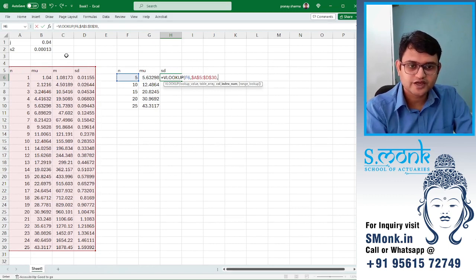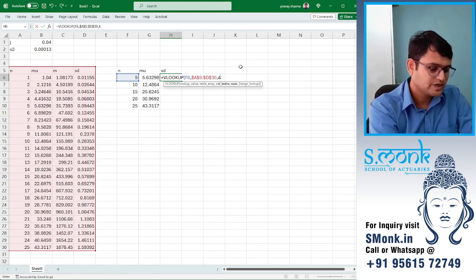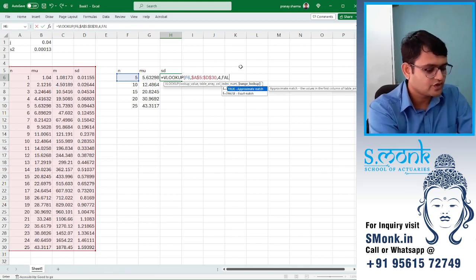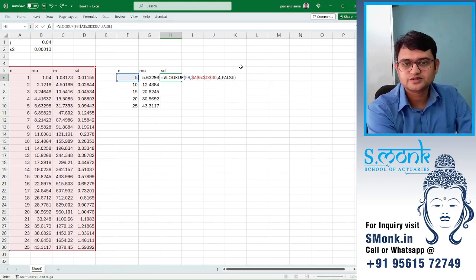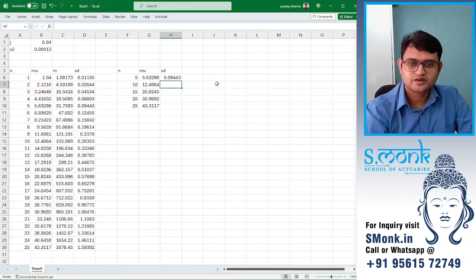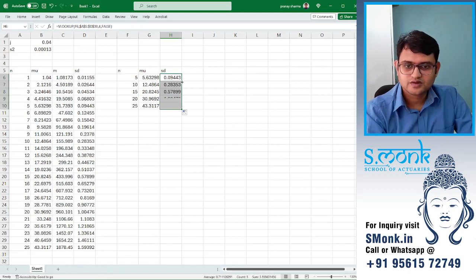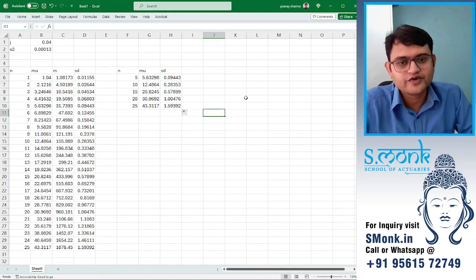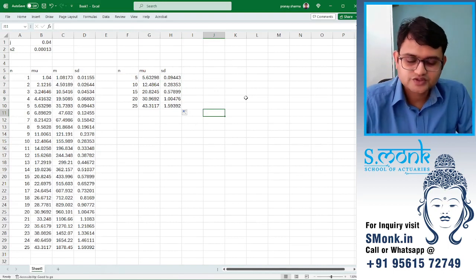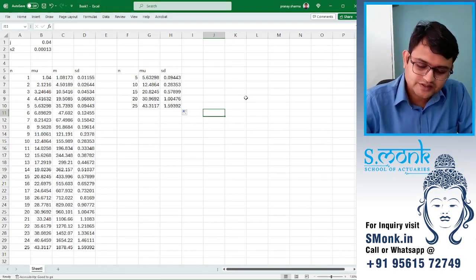This is the first, second, third and fourth column. So the answer is my fourth column. Comma. False, because I want the exact answer. I don't want approximate answer. These are the 5 values. This is how I would have done this question if they would have asked in the examination using Excel.